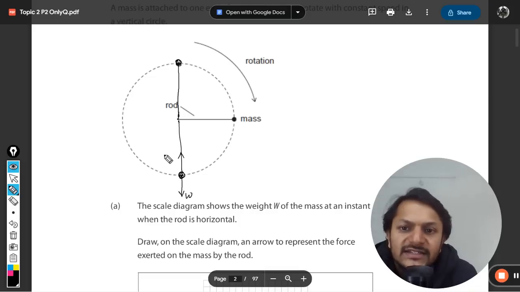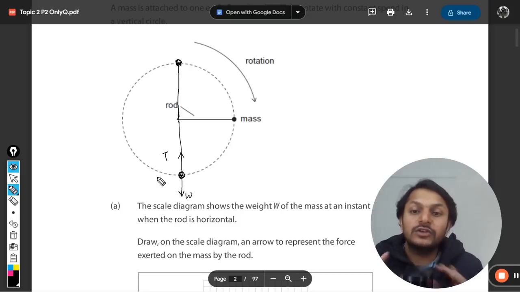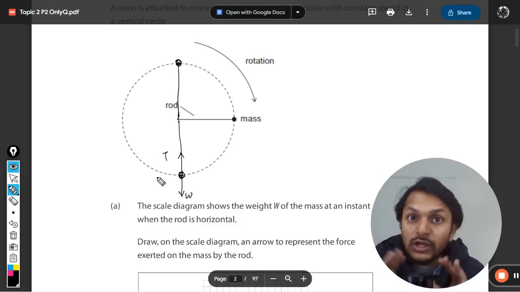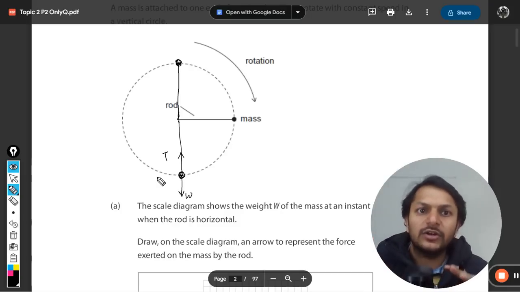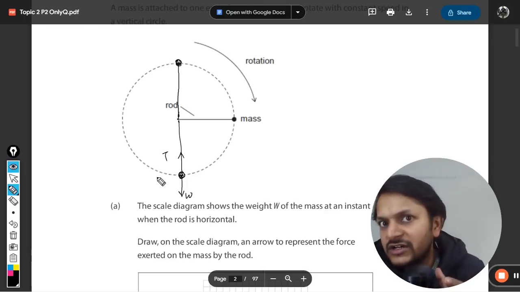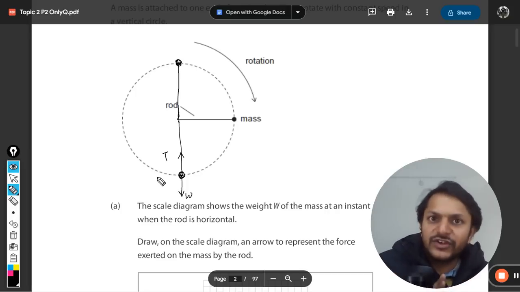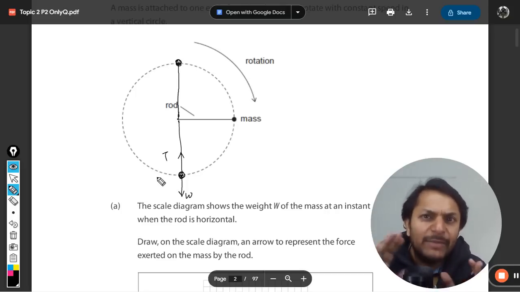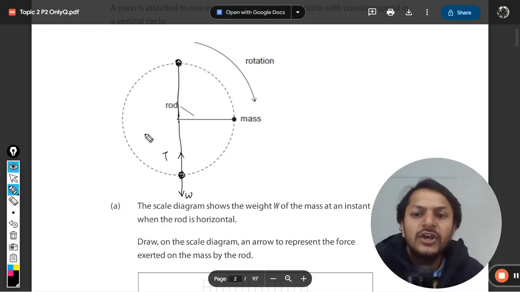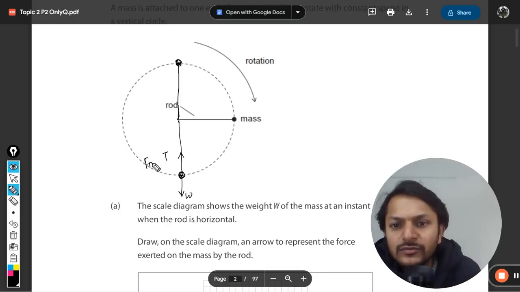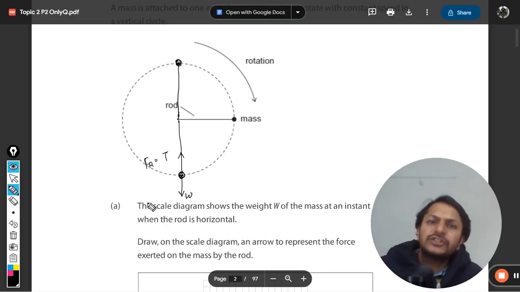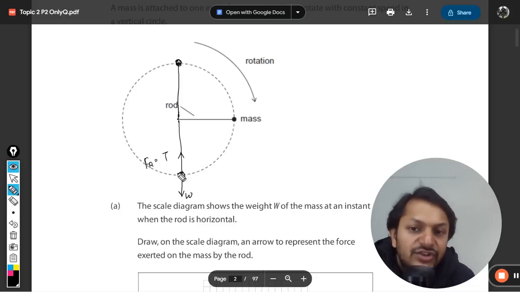So we can say this is the force by the rod, or you can just call it tension, because when we were using strings, we used to call it tension. So it is not right to say that it is the tension in the rod, because tension is used only for the strings. But just for the comparison sake, I'm using the word tension. You can call it Fr also, or something, force in the rod. So this is the tension T.